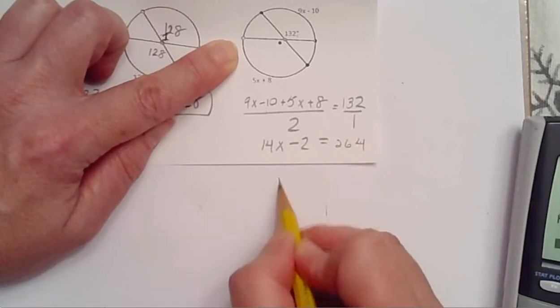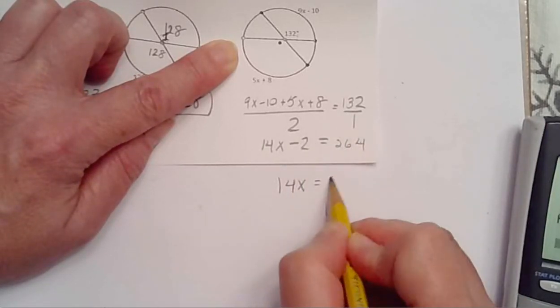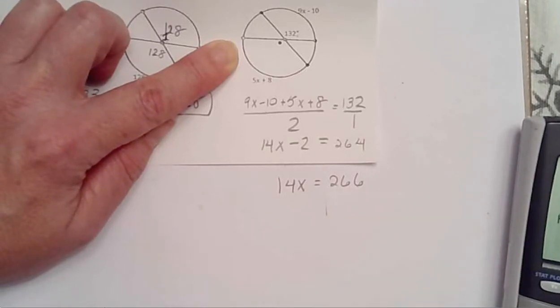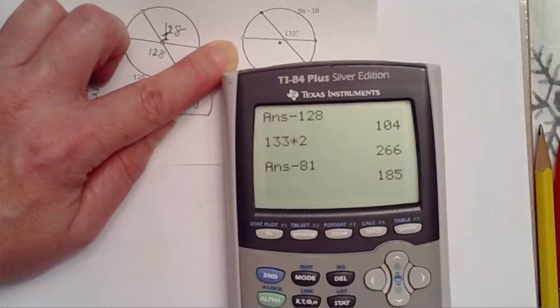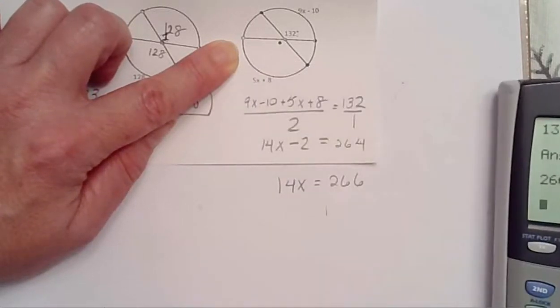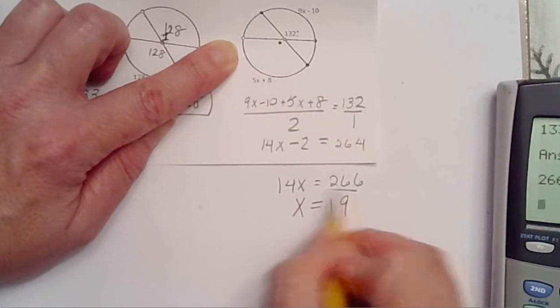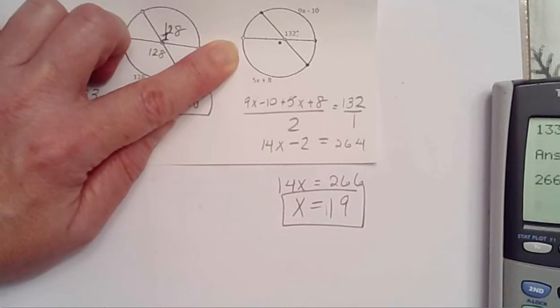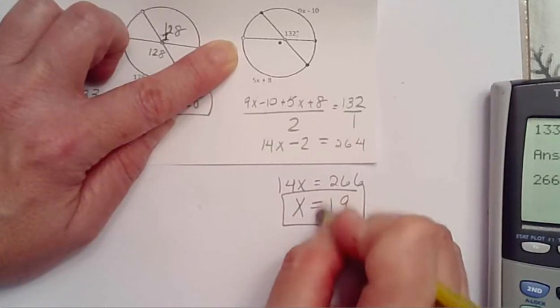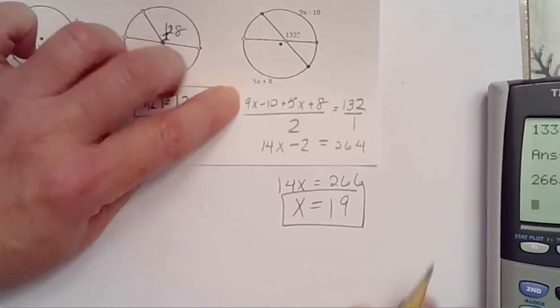Add 2 to the other side. 14x is equal to 266. Let's hope it divides nicely. Divided by 14, we get 19. And x is equal to 19, and that's it.